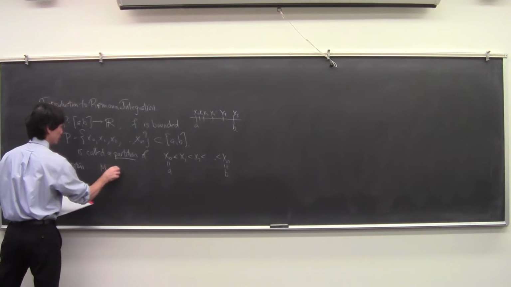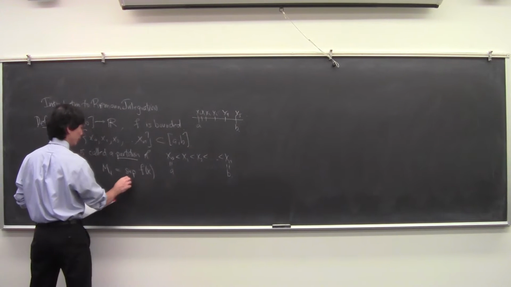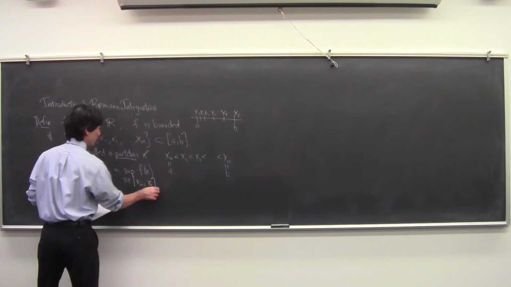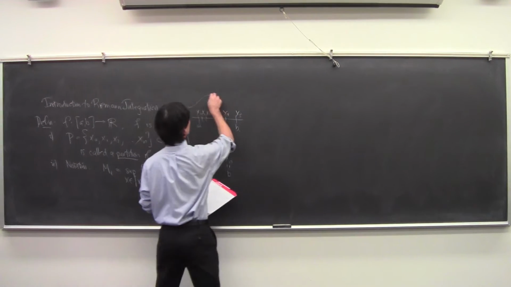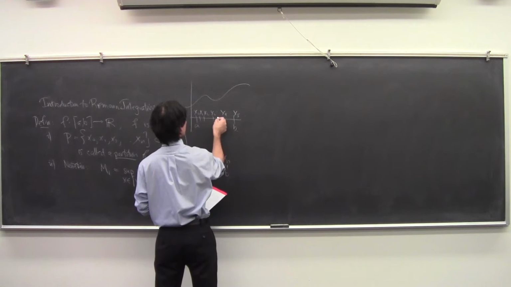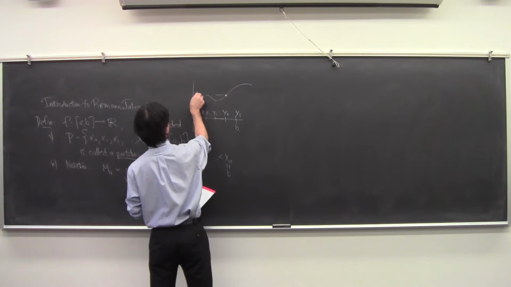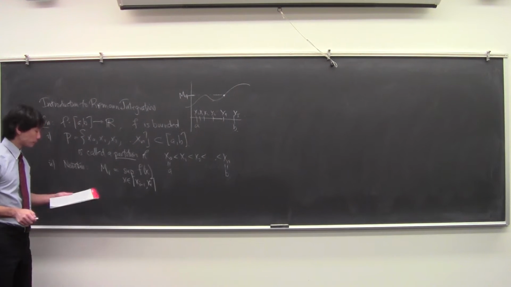So notation: let M sub i be the supremum of the values of f over the ith interval. Okay. So look at the ith interval. Here's the fourth interval right here, and you take the greatest value; that value is called M sub i. Okay?